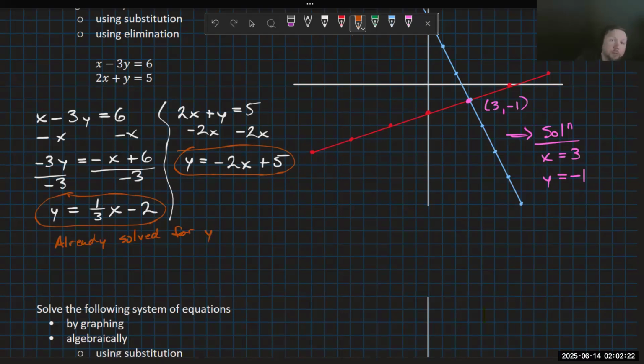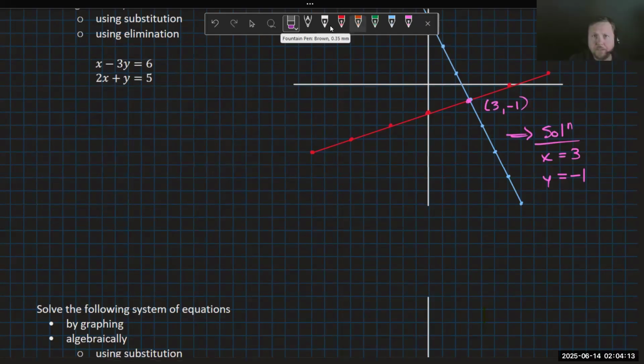Now, in general, for substitution, you just need to solve for one of the variables. So if this was just laying around, looking at the first equation, I would have just solved that one for x and then dropped it into the other equation. So substitution.